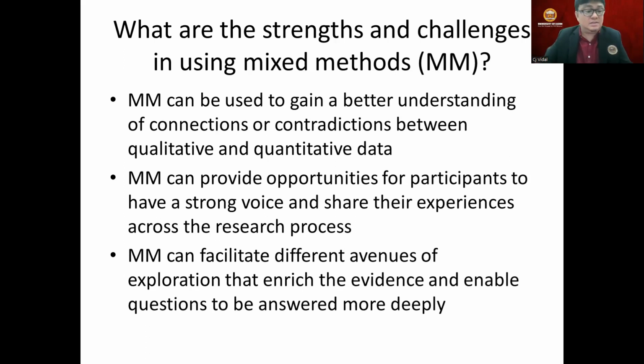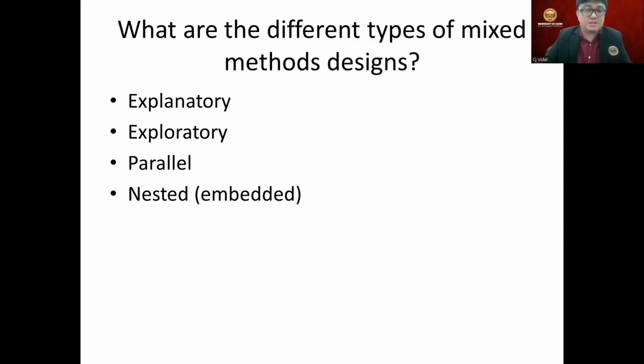So what then are the different types of mixed methods designs? Mixed methods research comprises different types of design categories. To begin with, we talk about explanatory, exploratory, parallel, and nested.